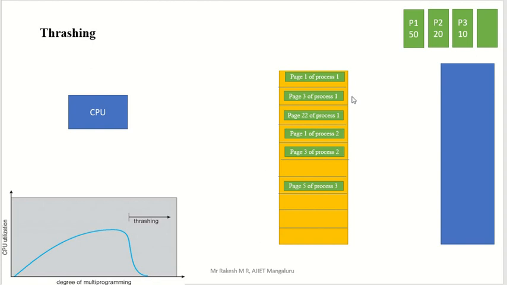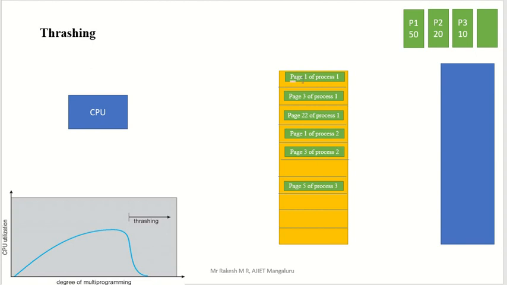Now the CPU will ask for page 1 of process 1. When it asks, it first checks the page table, a concept we saw in the previous slides. In the page table, if that page entry is there, it goes to the frame number.